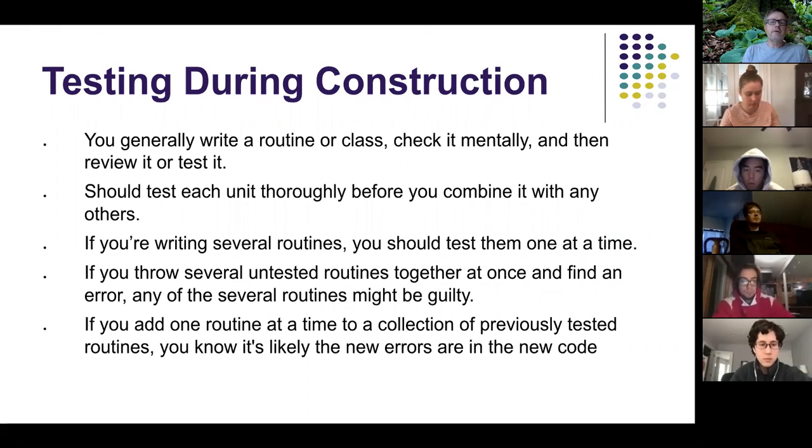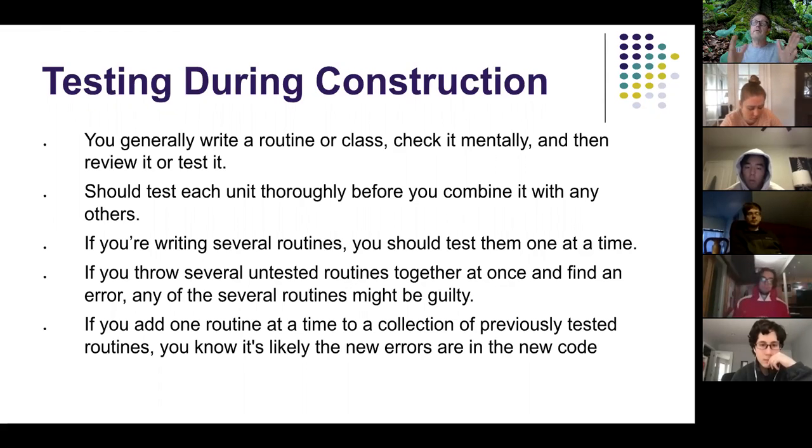So testing during construction: you generally write a routine or class, desk check it manually, and then you review it, and then you test it. You should test each unit thoroughly before you combine them into the others. If you're writing several routines, you should test them one at a time. If you write a bunch of routines and throw them all together and try to test them, it's very hard to find the error because there's a lot more code where the error could be.